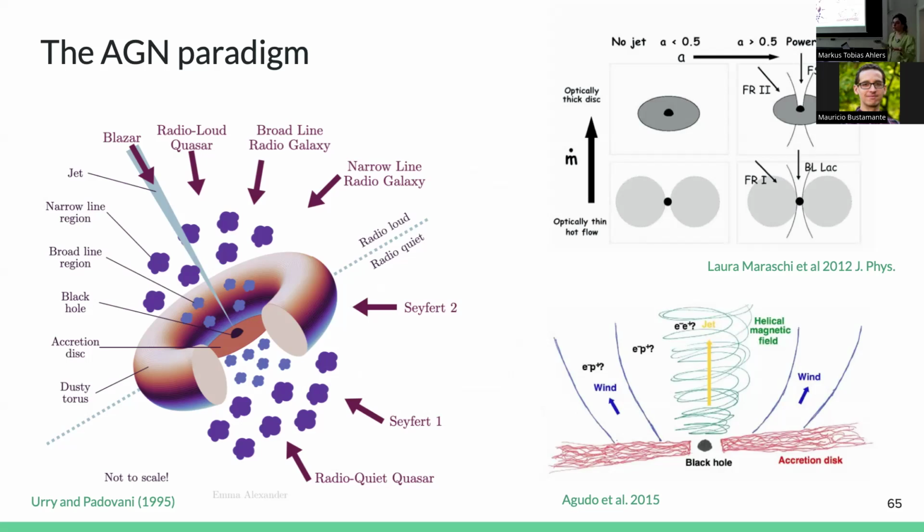And additionally, how do we add protons in the jet? Because if we think, and as I'm going to show later, that the associations of blazars with neutrinos are true, then there should be protons somewhere in the jet. So how we bring protons, which most likely come from the accretion disk, which is ionized plasma, into the jet is an open question.